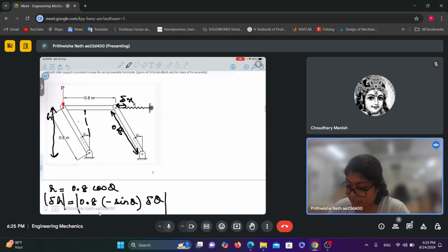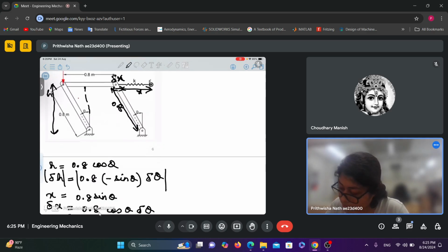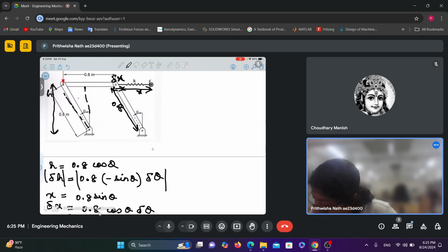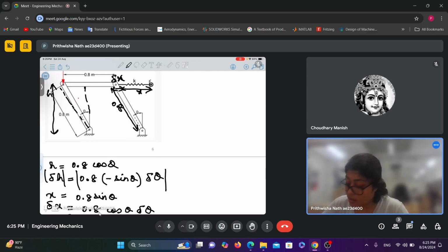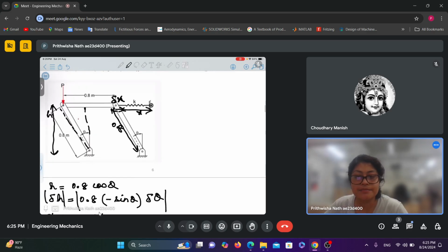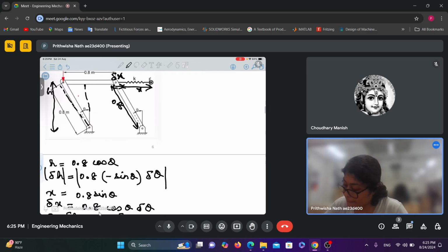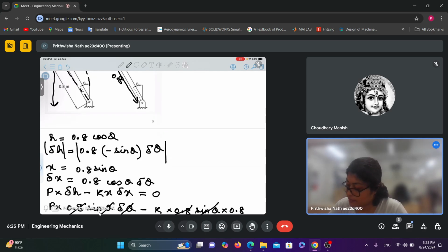X is 0.8 sine theta, right? In the displaced position it would be delta X. So X is 0.8 sine theta, as you can see from this figure. Similarly I'll get delta X from here.